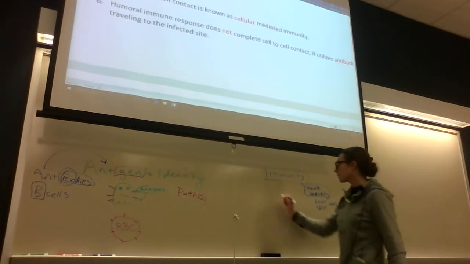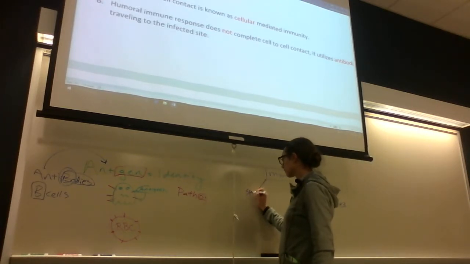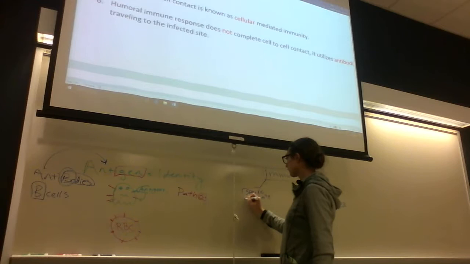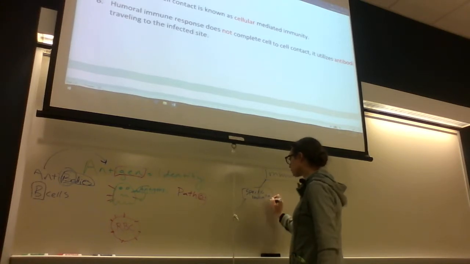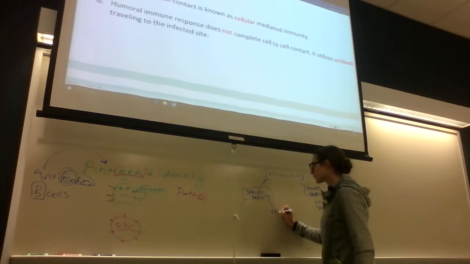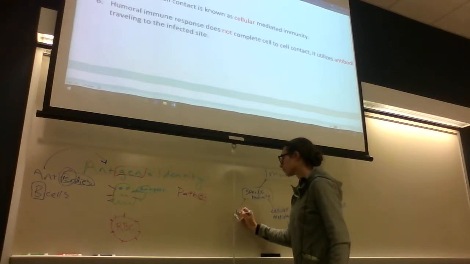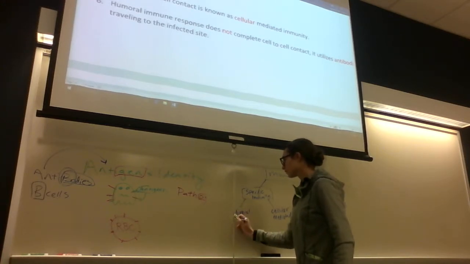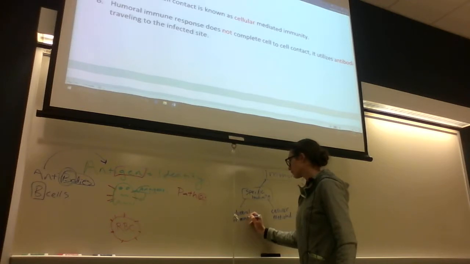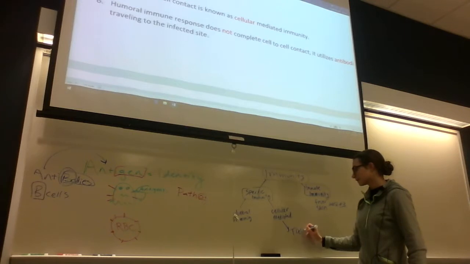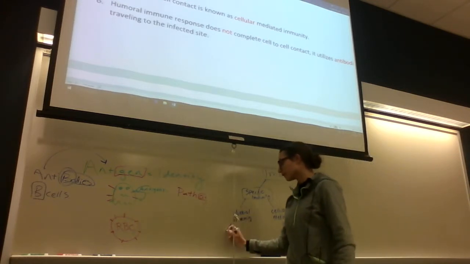And then we have our specific immunity, and our specific immunity is divided into 2 categories. We have cellular mediated, and we have humoral. Our cellular mediated immunity utilizes T cells. Our humoral immunity utilizes B cells.